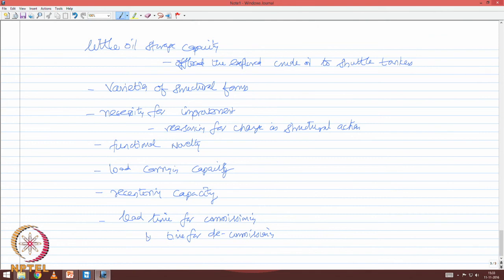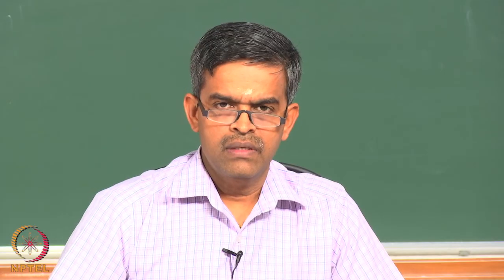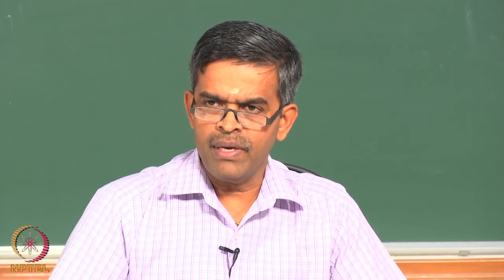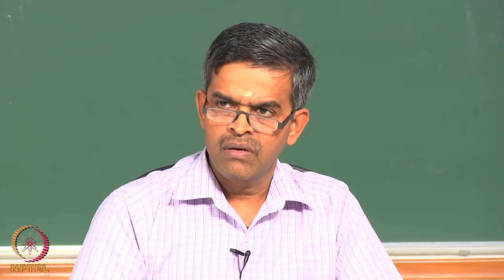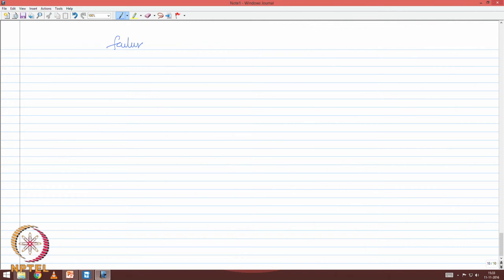Having said this, before we try to understand what are the special environmental loads which can cause damage to these kinds of platforms, let us speak something more about specific kinds of failure that happens in compliant structures. Very briefly we will talk about this.